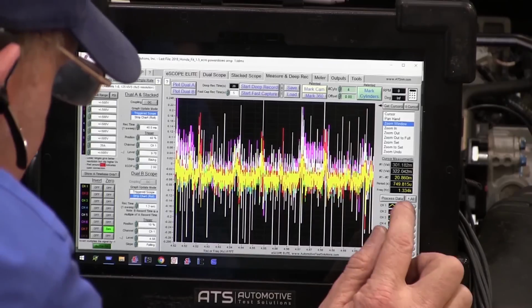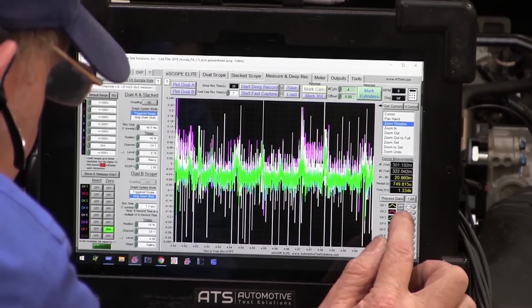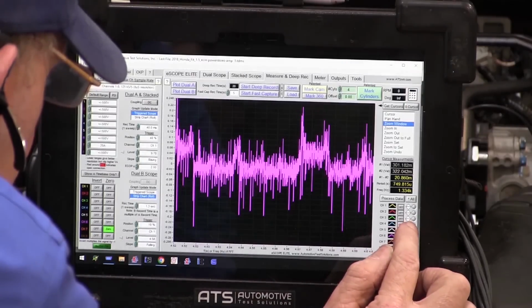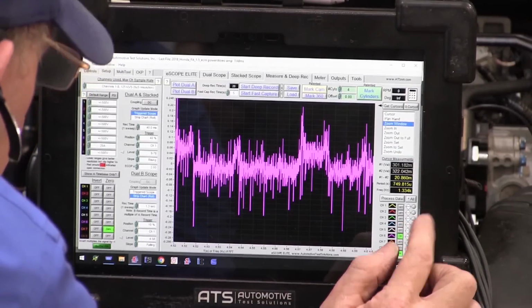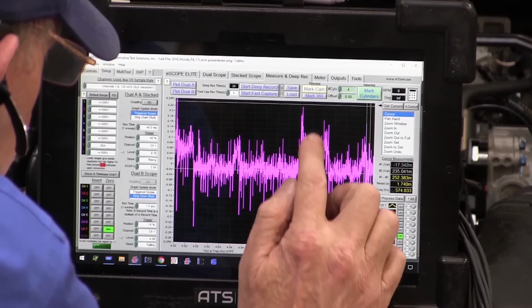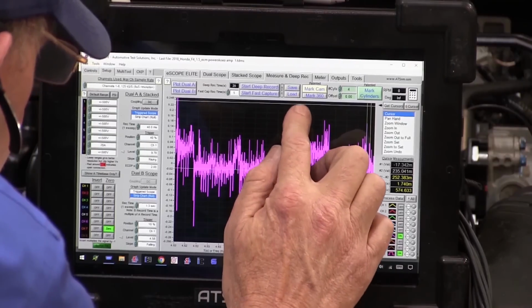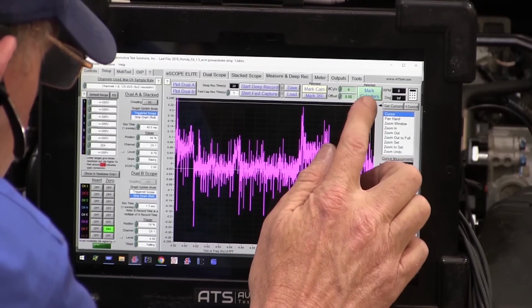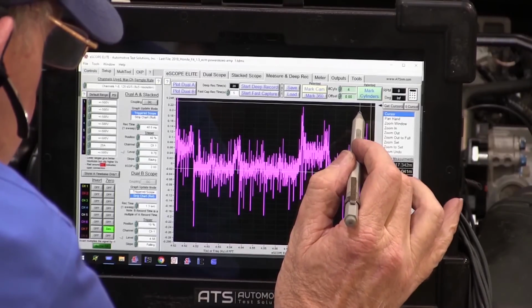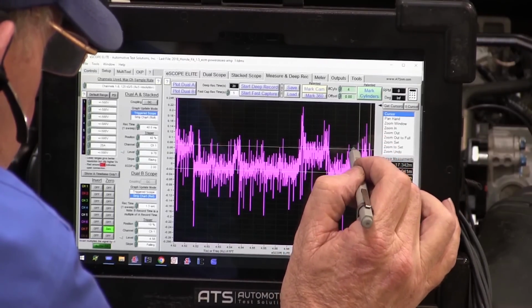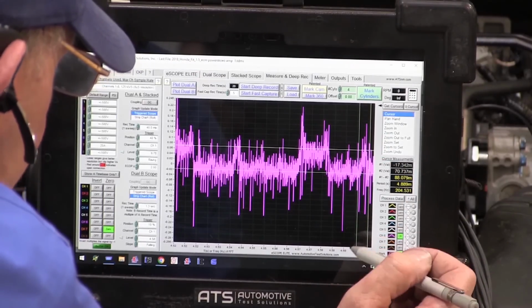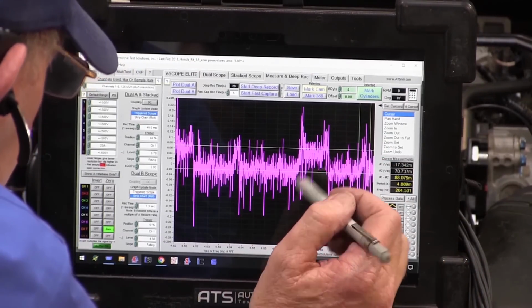And you can also see the purple's moving more than I'd like to see. Millivolts basically on that.